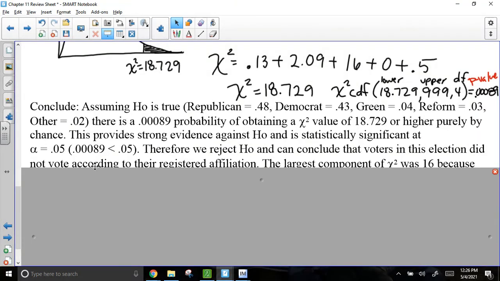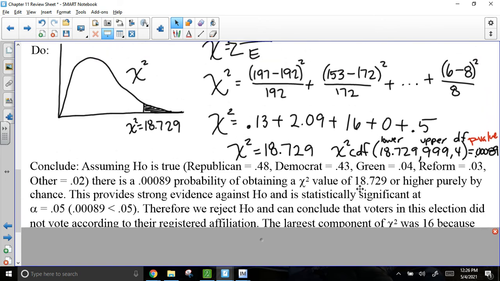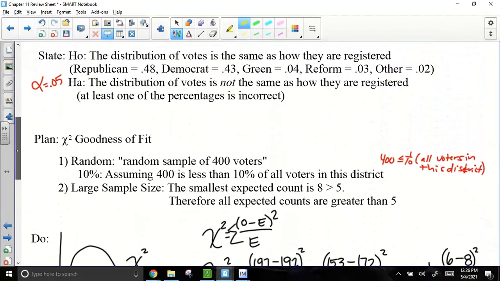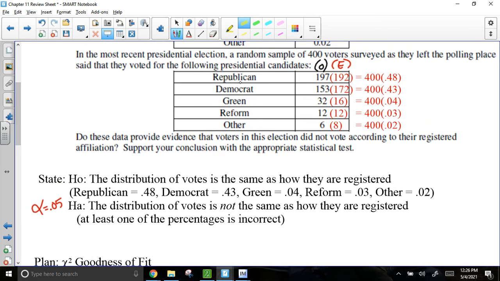Okay. Now, a lot of people still ask, what about the component piece? Well, I just rejected the null hypothesis, so look at the individual components. Look at the values you had to add up to get the chi-squared. Do you see how 16 is the biggest component? That is the 1, 2, 3, third value. So if you look up here, 1, 2, 3, that is the Green Party. The number of people we saw was much larger than what we expected.